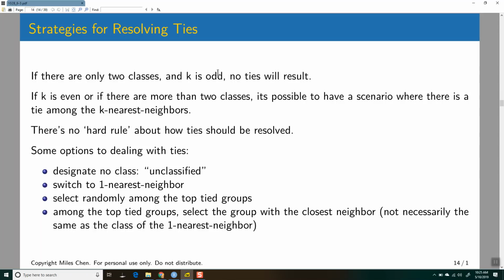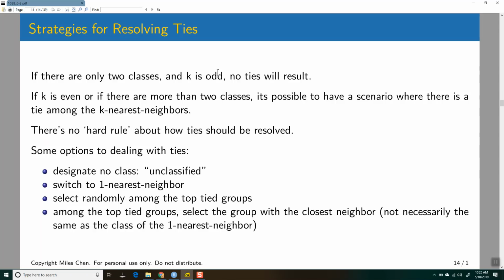So these are just different ways to deal with ties, which can be an issue when you have more than 2 classes. Okay, is that all right?